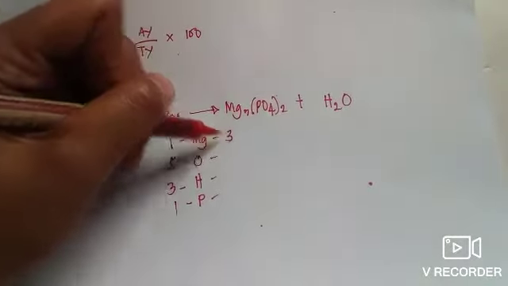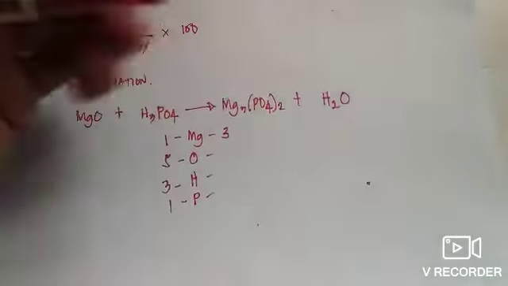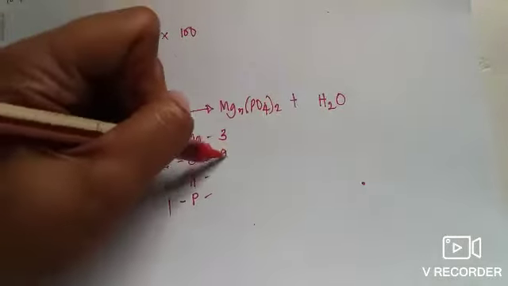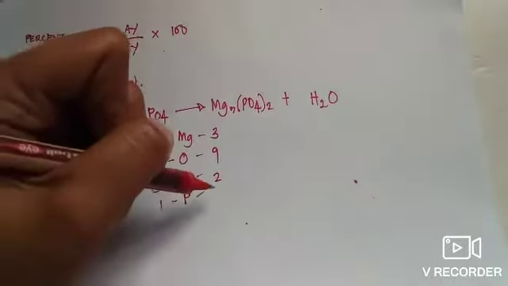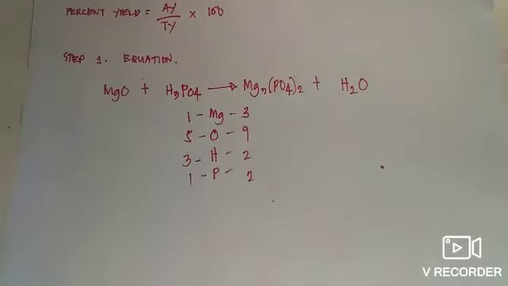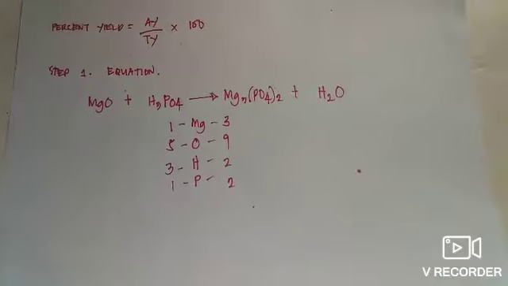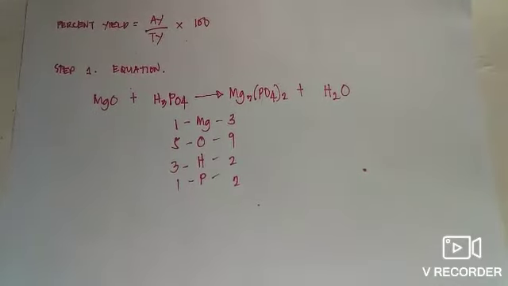The value of magnesium in the product side is 3, oxygen is 9, hydrogen is 2, and P is 2 because 1 times 2. Let us think of a number that will balance the equation.